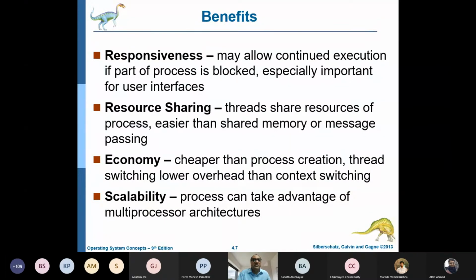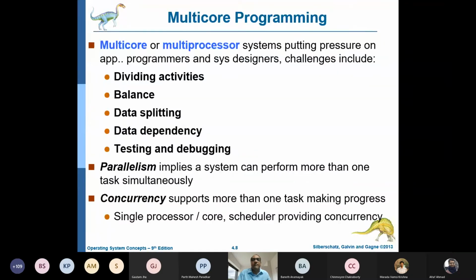So these are a few benefits of the concept of multi-threading. And then multi-core programming means, since we have multiple threads, a process can run on multiple processors if they are available.